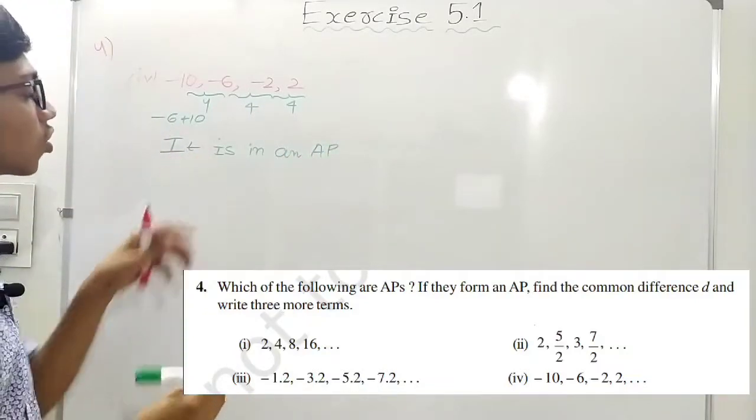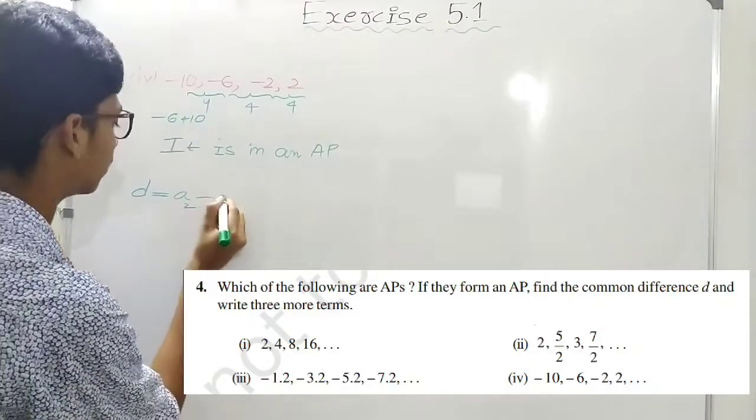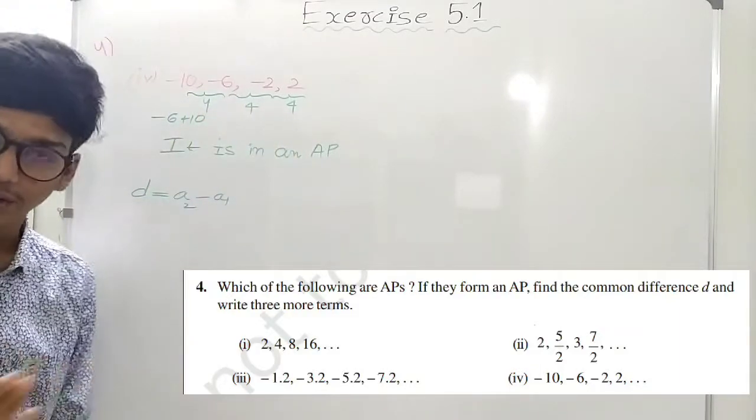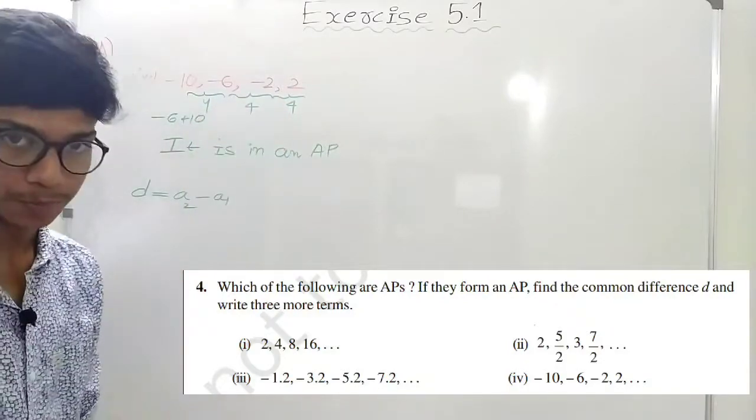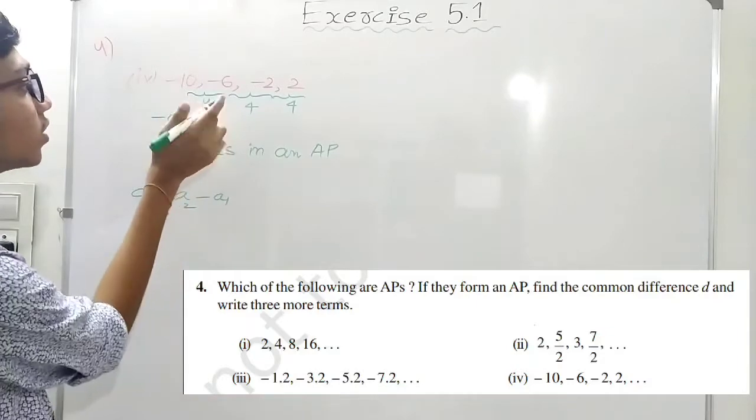So what is the common difference now? Common difference is simply a2 minus a1. By this method we can directly find whether it is in the AP or not, and also the common difference. Common difference is 4.